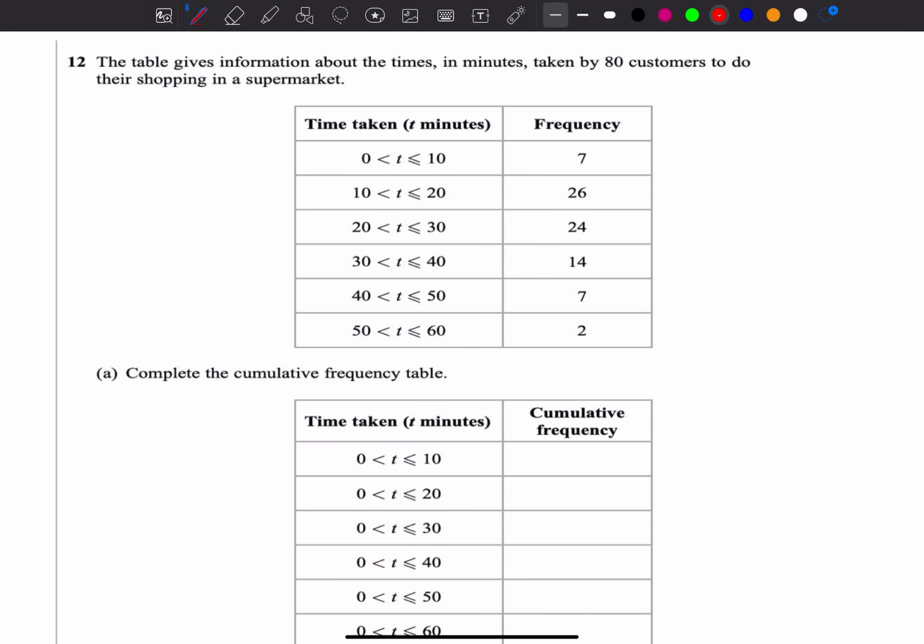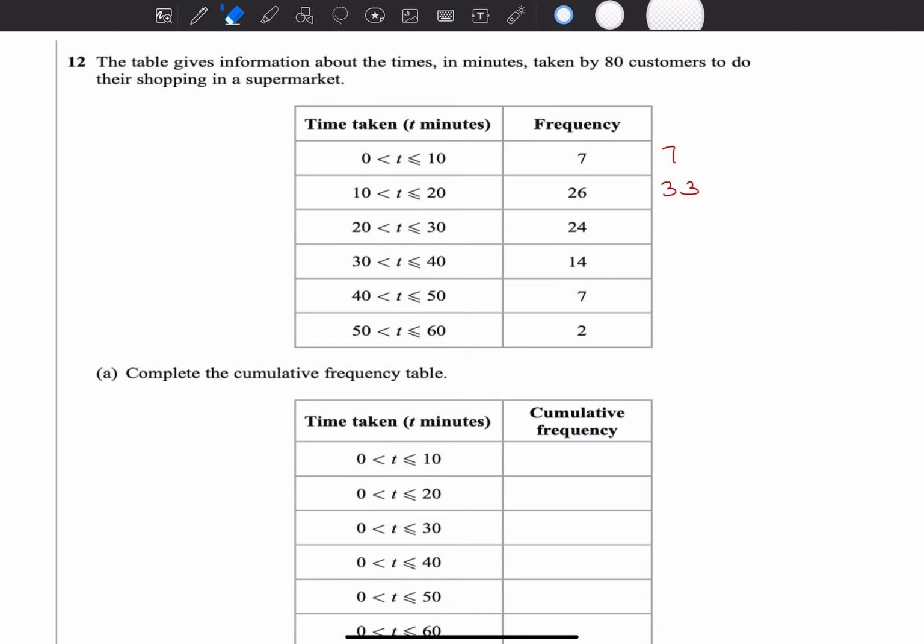Cumulative frequency. So what do we have? 7. You add it, keep adding. 33. Why did I go 77 straight out?